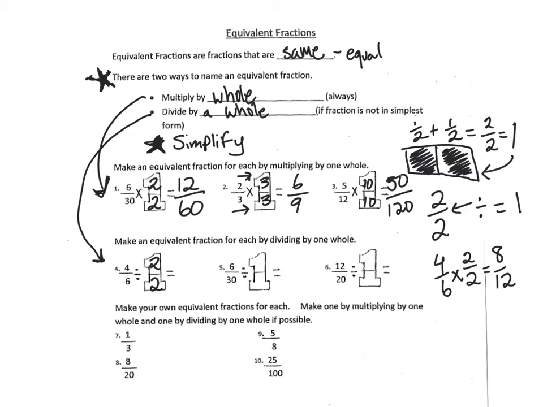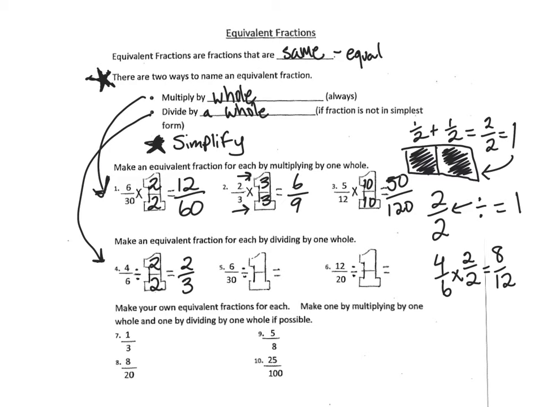I'm not going to multiply. I'm going to divide. So 4 divided by 2 is 2. 6 divided by 2 is 3. And now I have a final answer for 4/6. An equivalent fraction for 4/6 could also be 2/3. All right.